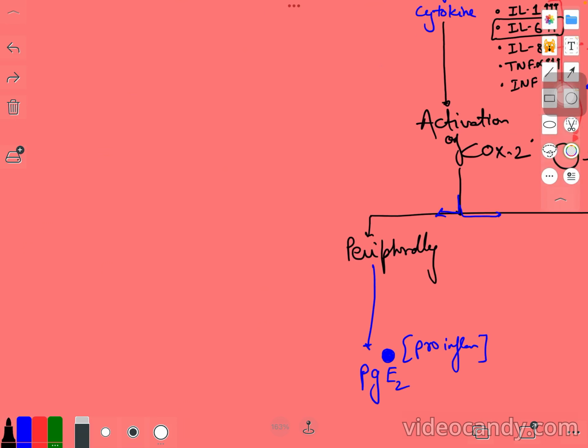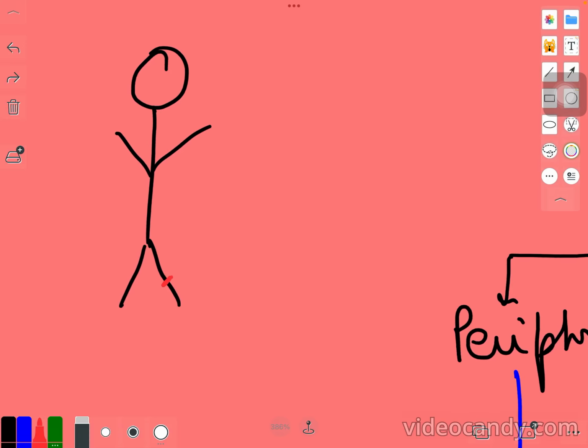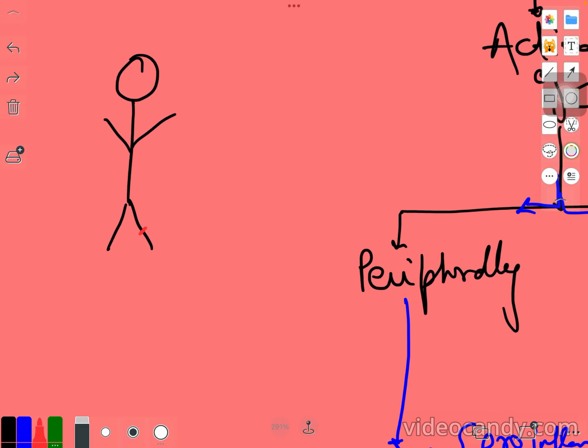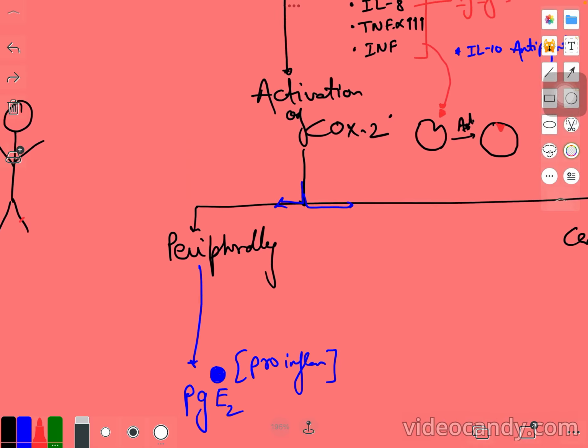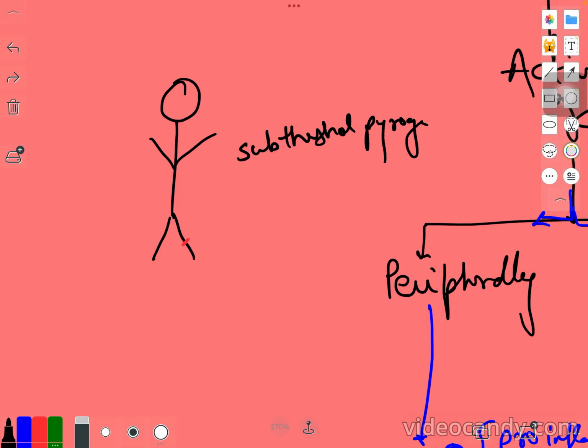Now it depends. Let's say there is a man who got a cut over here, a small bleeding, and the inflammation was not severe, so the patient may not even have fever. However, there's a thing called subthreshold pyrogen.